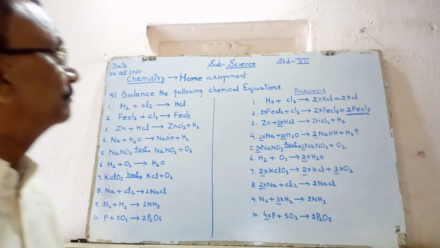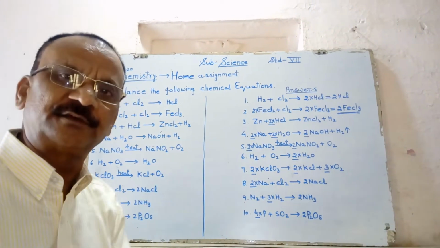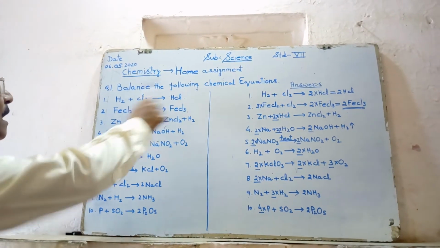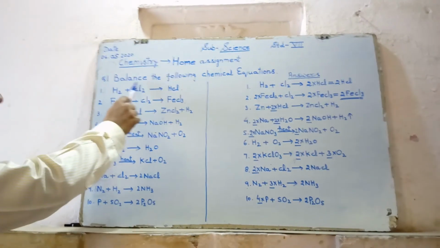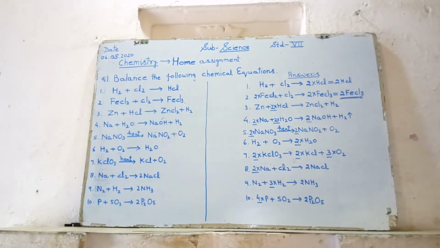Now the home assignment of class 7th chemistry. First question: balance the following chemical equations.